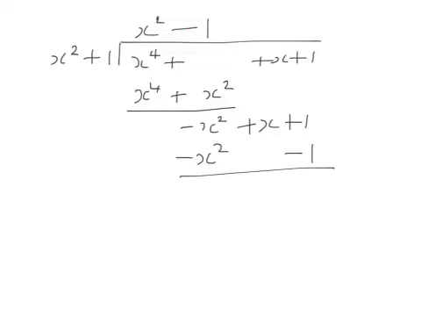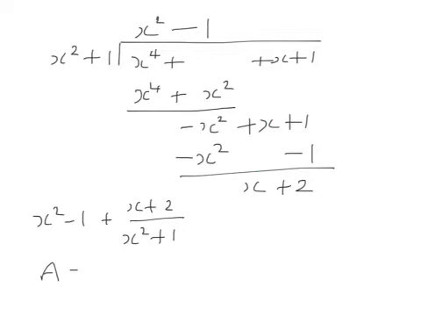Remainder, well, no remainder there. x take away nothing, that's x. 1 take away minus 1 is 2. So the answer is x squared minus 1 plus x plus 2 over x squared plus 1. In other words, A is 1, B is minus 1, C is 1, and D is 2.